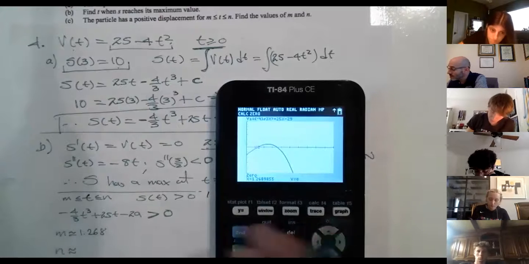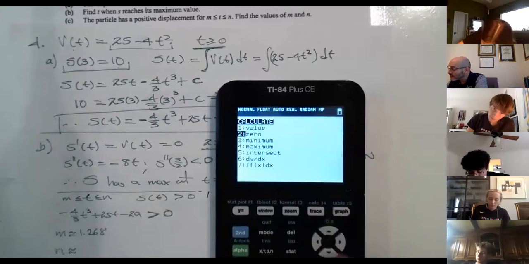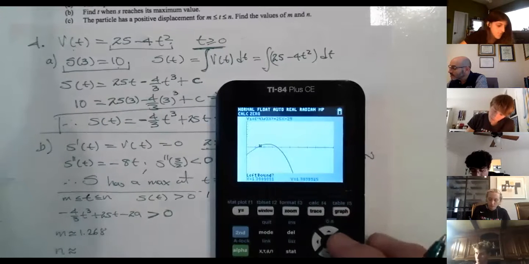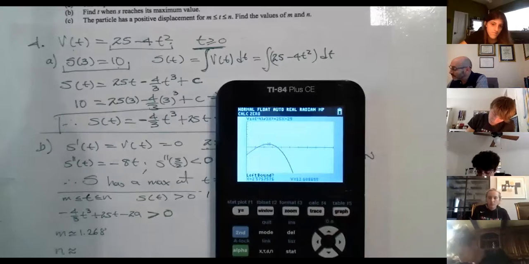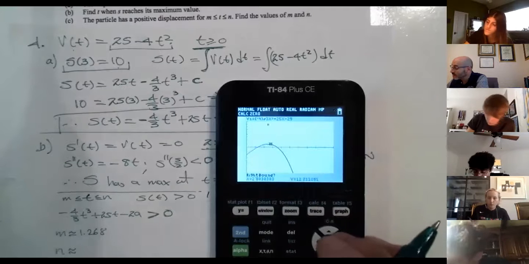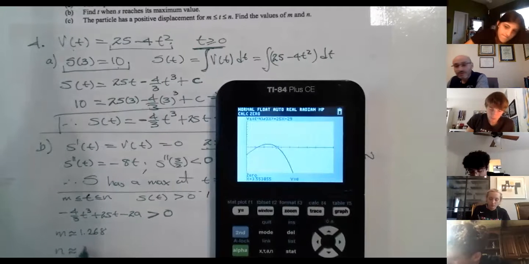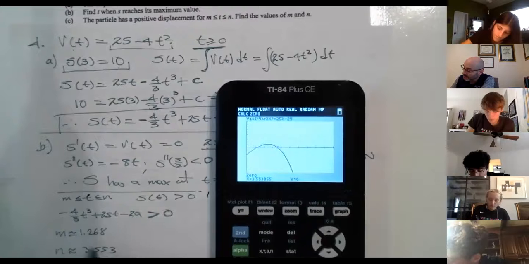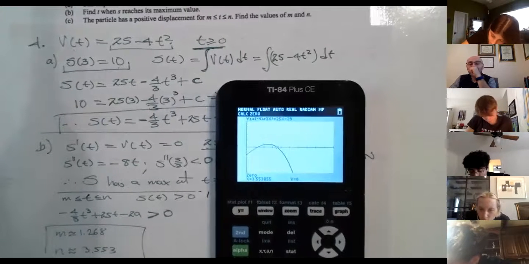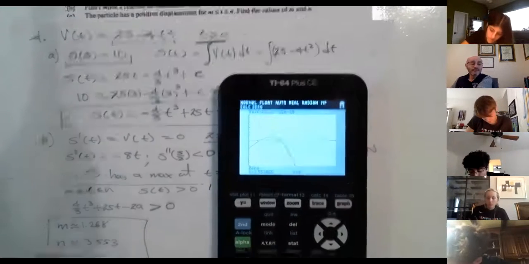So I'm going to repeat this. Second, calculate 0, then between there, press enter, and there. So N is about 3.553. And that would be what I need.